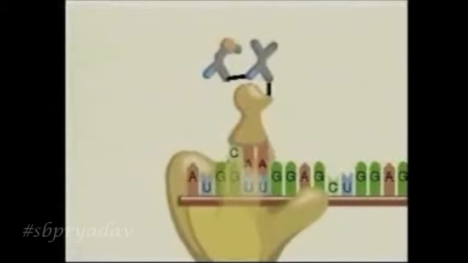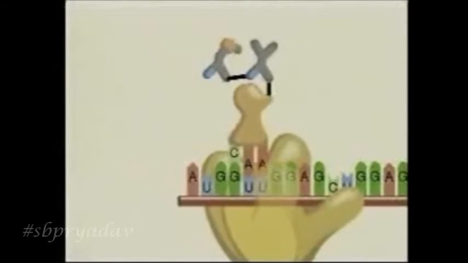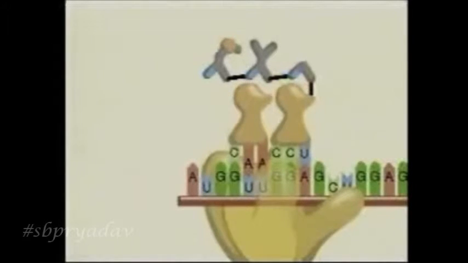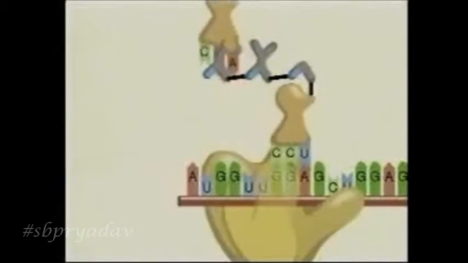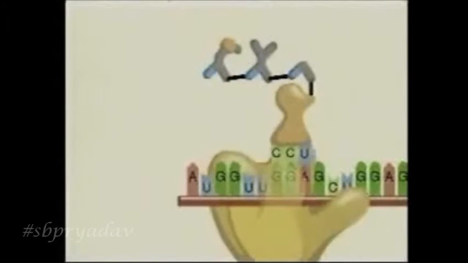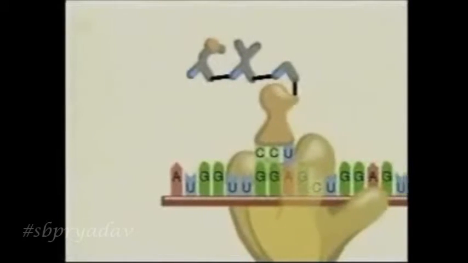The ribosome moves down the mRNA to the third codon. This codon is recognized by the anticodon of another tRNA carrying an amino acid. The growing protein chain is transferred to the third amino acid. The second tRNA detaches. The ribosome again moves along the mRNA. A codon is exposed.